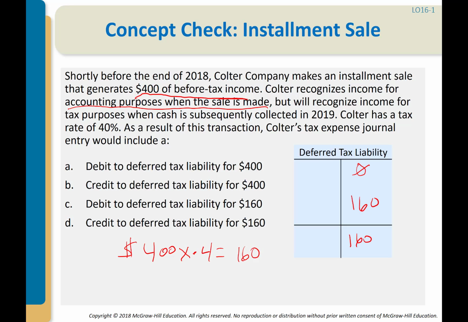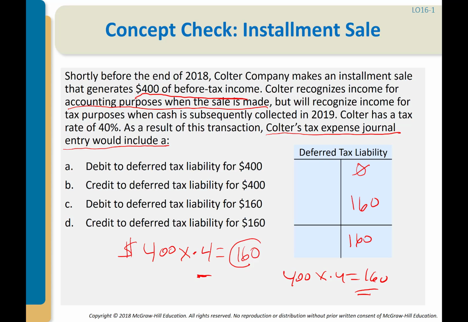And then what? Then we say, well, look, what's the tax expense that we should report going to be? Well, our tax expense is going to be based on this $400 of income times 0.4, that we're taking now, which is 160, right?